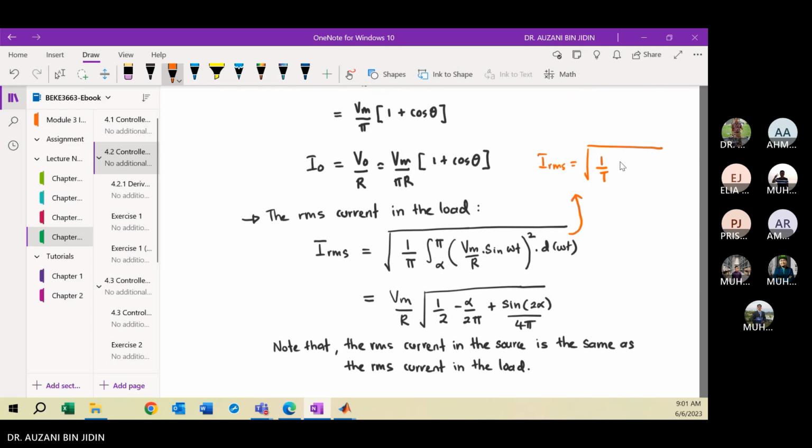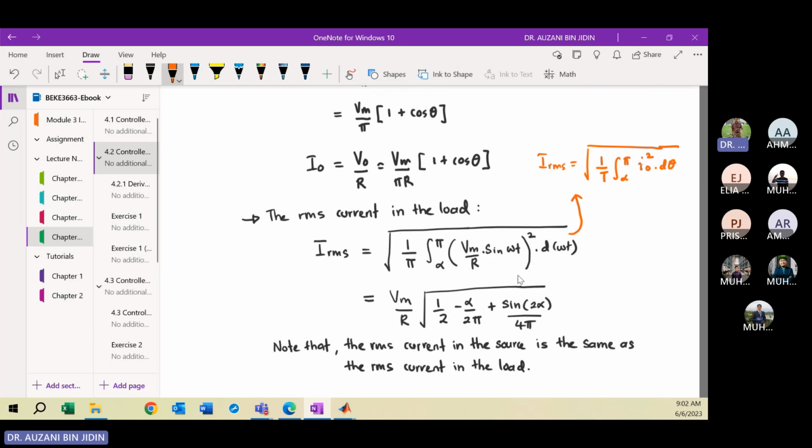You integrate from alpha to pi the output function, I squared, with respect to theta, d theta. Okay, clear?